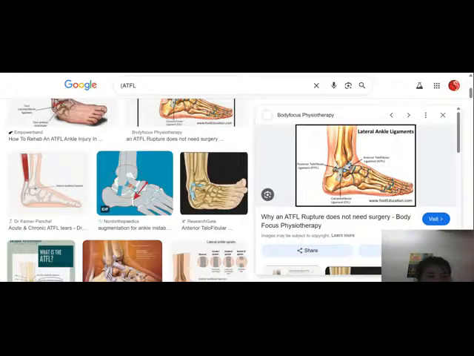It's here, and then the second one, CFL, is also commonly injured. Then, as you can see, there's another one at the back of the top of the heel, PTFL, the posterior talofibular ligament. These three ligaments all attach to the fibular bone, that's why it's called talofibular.